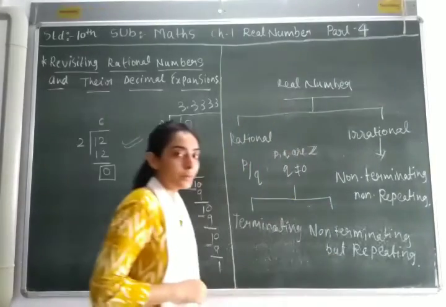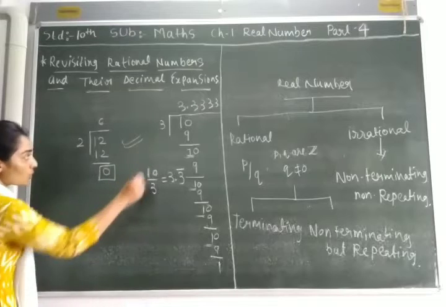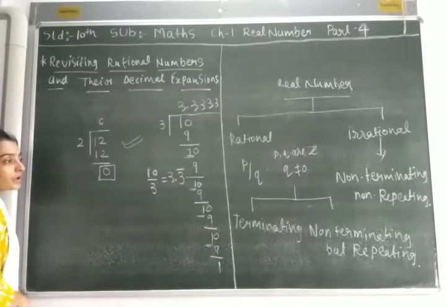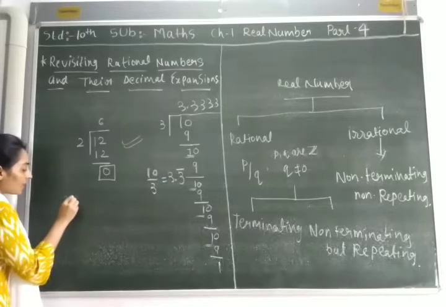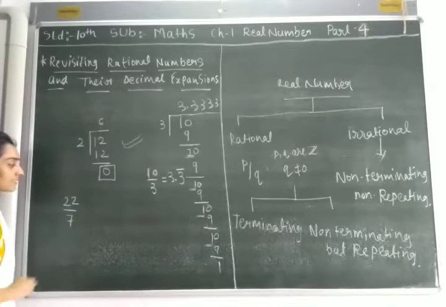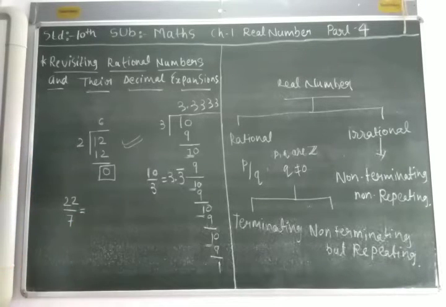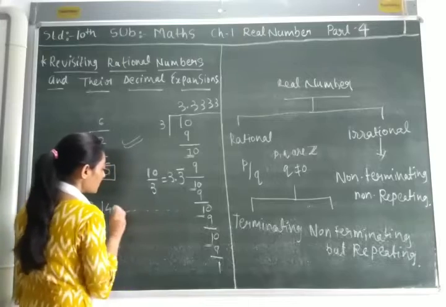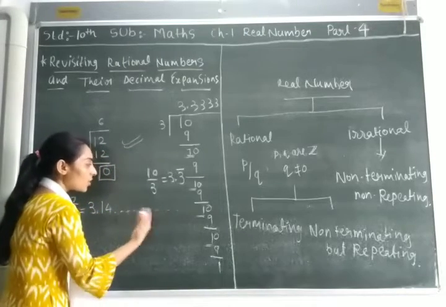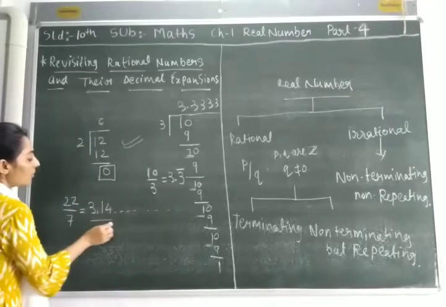Say if you divide 22 by 7, what will be the answer? 3.14, so on and on. Those digits do not repeat. So we can say it's non-terminating.